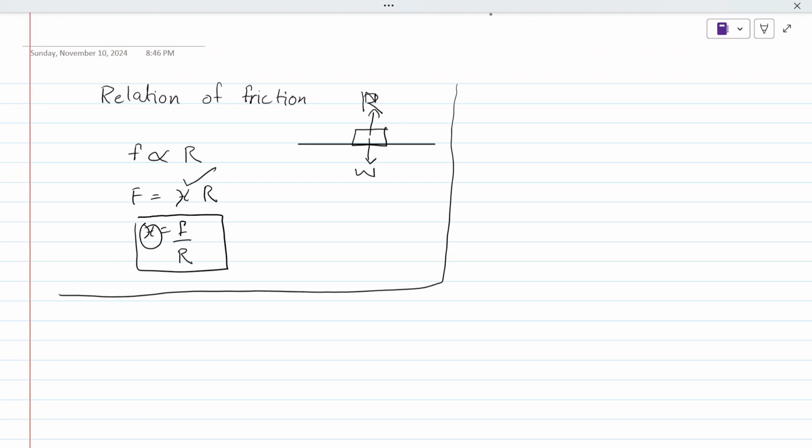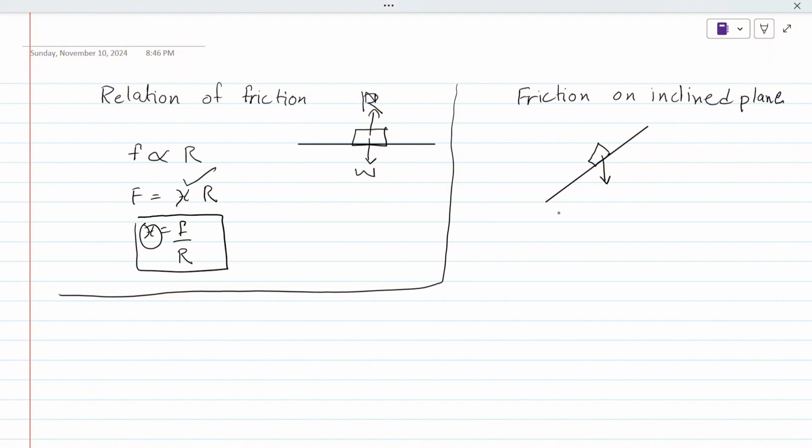Now, friction on an inclined plane. Now watch this. This is a plane over here. We know that the weight is downwards.